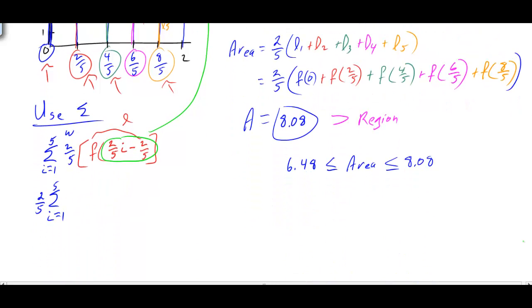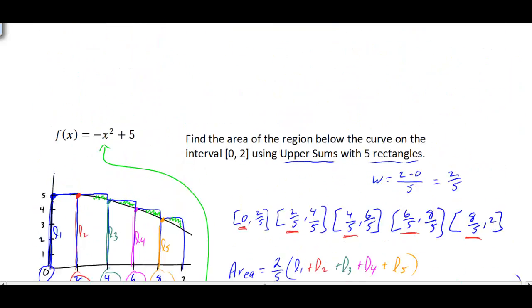So we would have minus, and all of this goes in for the x, which would be 2/5 I minus 2/5, and what was our function? It was x squared, so all of this is squared. Okay, so it's minus all of that squared, and we still have the plus 5.